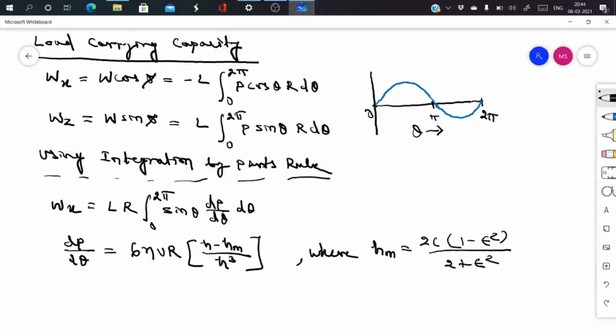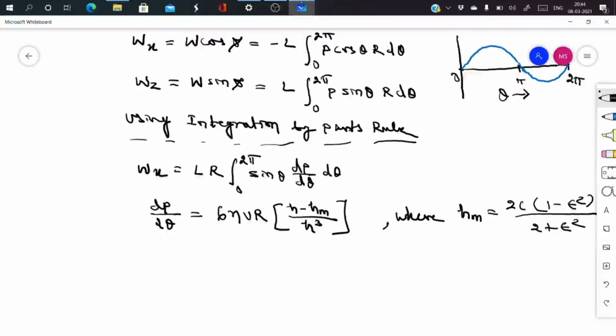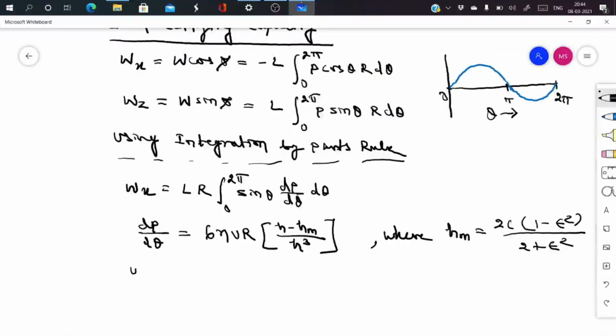So substitute the value of hm and then you should be able to integrate this. Still, in order to integrate this, you may need Sommerfeld substitution. Use the same Sommerfeld substitution.